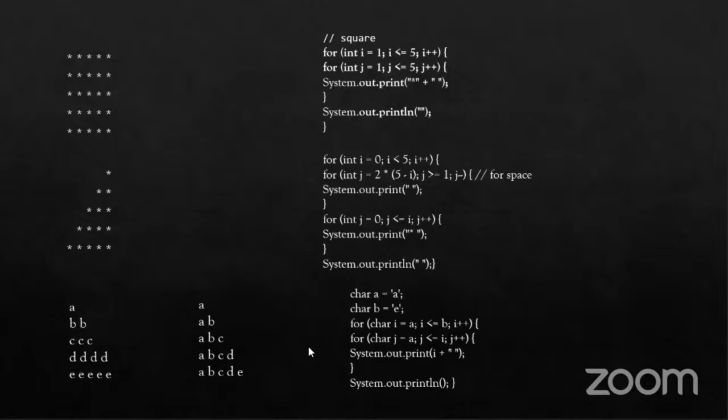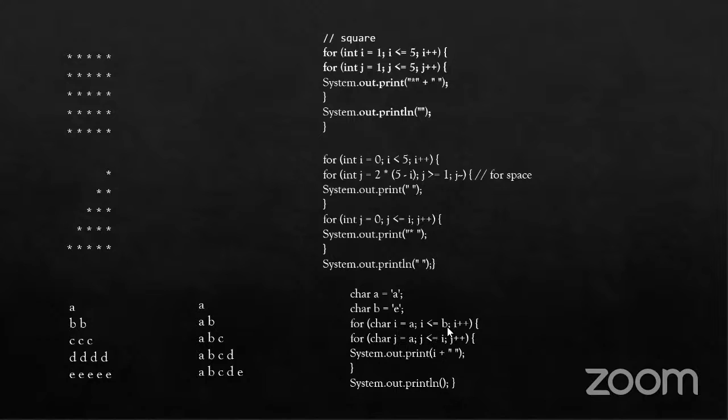I'll first initialize the loops and print I. Then we'll get the pattern like this: A, B B, C C C, D D D D, E E E E E. If we are printing I, we'll get that, because the I value is always like that, right? J value only will increment for every group.